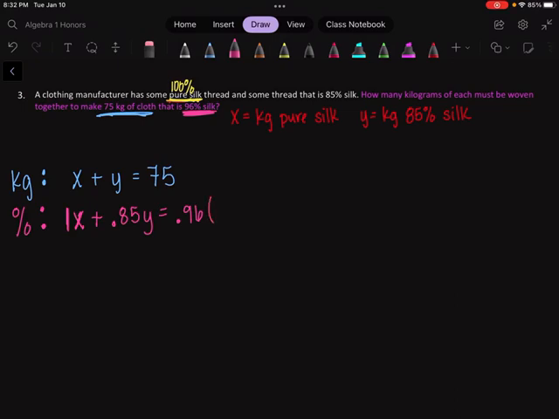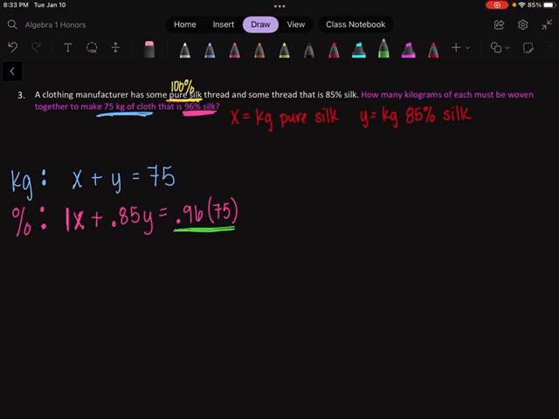So 0.96 times 75. That will always trip some people up, this part right here. But as I said out loud previously, it's percentage times the kilograms plus percentage times the kilograms is equal to the total percent times the total kilograms, right?